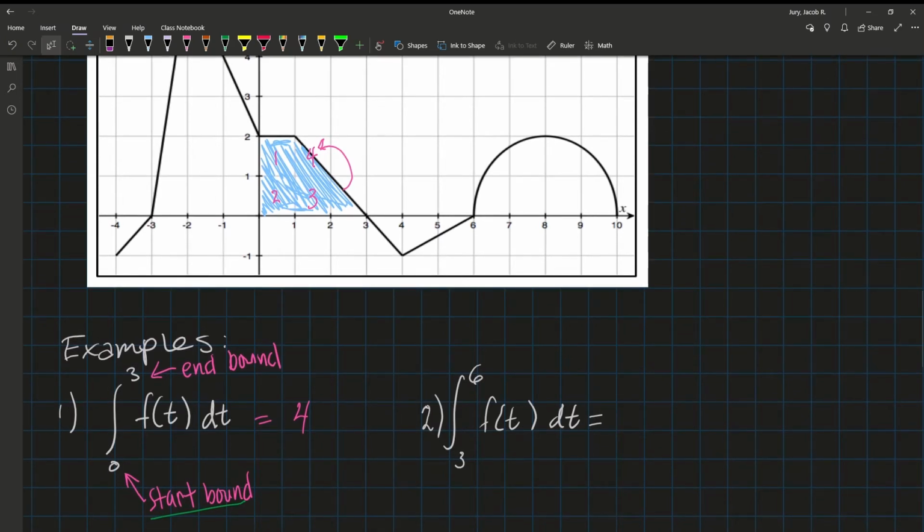So our answer to this integral from 0 to 3 is 4, because I'm taking the y values times x values. Now if we look at the next example from 3 to 6, we're adding up a negative area because it's under the x-axis, and I'm just going to shift around some pieces of my units to represent the area a little bit more concretely.